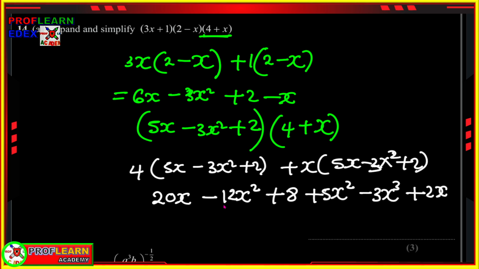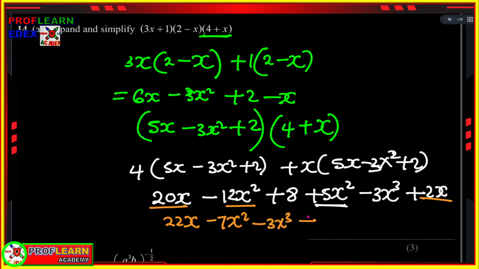We put the like terms together, squared here, and cubed. 20x plus 2x becomes 22x. 12x squared, that's minus 7x squared, and then minus 3x cubed, then plus 8.